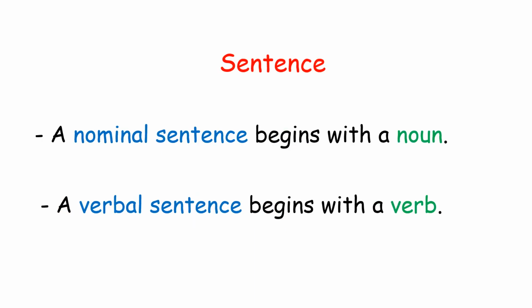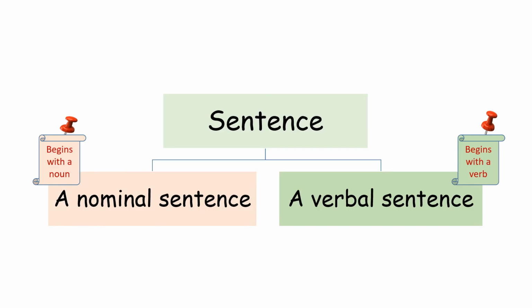Given that an Arabic nominal sentence begins with a noun, a verbal sentence would be a sentence that begins with a verb. So again, depending on the nature of the first word, Arabic sentences are divided into nominal and verbal sentences. Couldn't be easier. Now let's move on to learning a couple of technical terms.